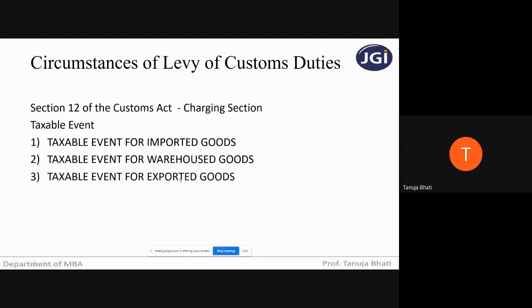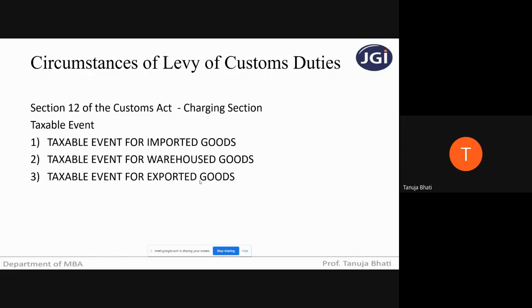Next, taxable event for exported goods. Taxable event for exported goods arises only when the custom authorities, that is the proper officer, we have seen proper officer in case of GST also, a person who is the authority in checking or clearing the goods.